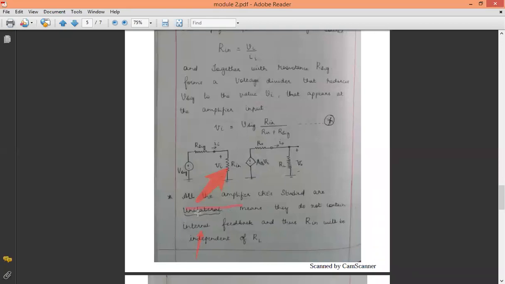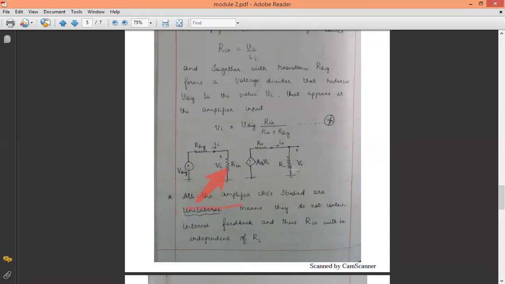Why do we call that amplifier a unilateral amplifier? See here, I am taking the output across RL. I am not providing any feedback. Feedback means taking some part of the output and giving it to the input. But in this case, I am not taking any output and giving it to the input.